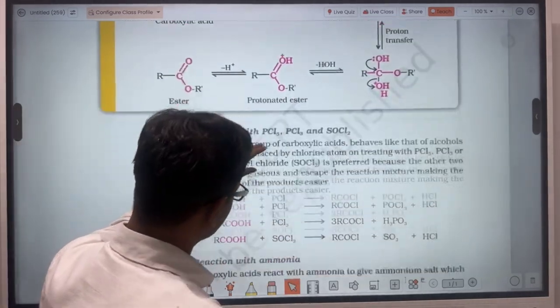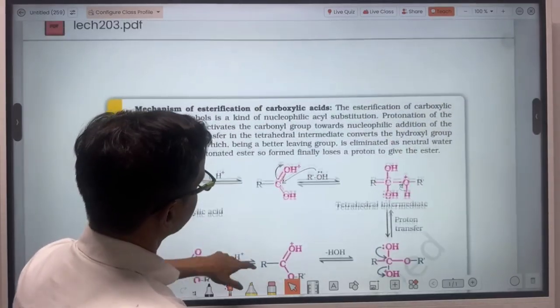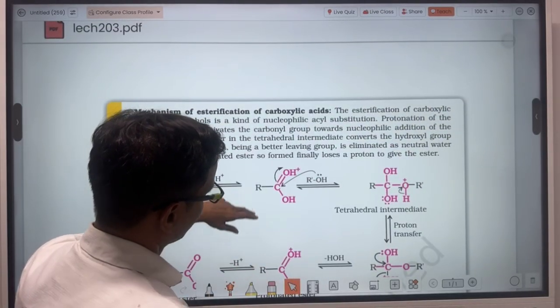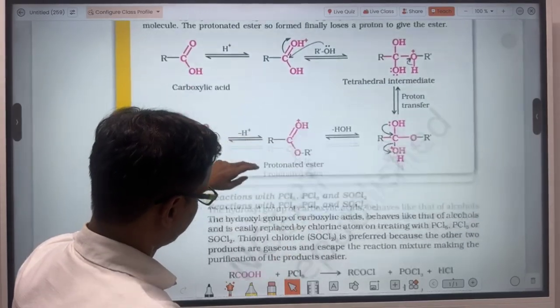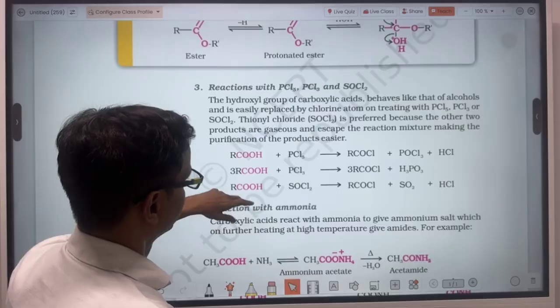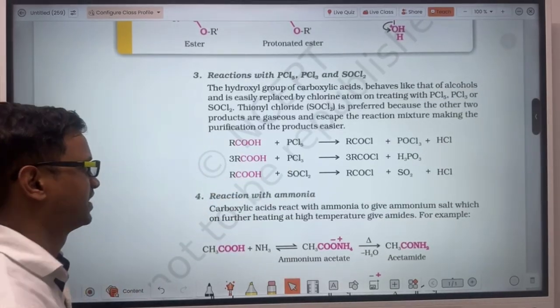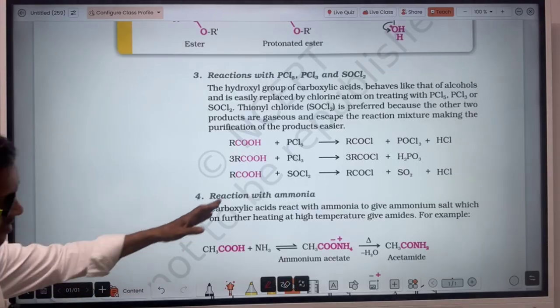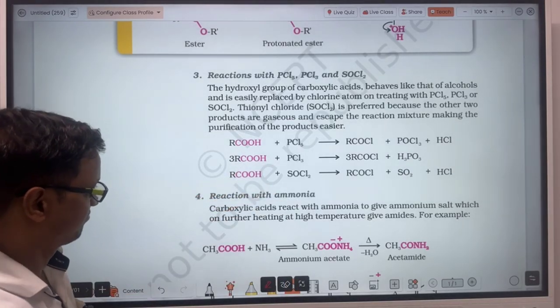You can study that. If you will not understand, because a number of times we have discussed about these questions, mechanism of esterification of carboxylic acid. So next one we will discuss here PCl5, one reaction. Okay, all the 3 reactions should I tell?